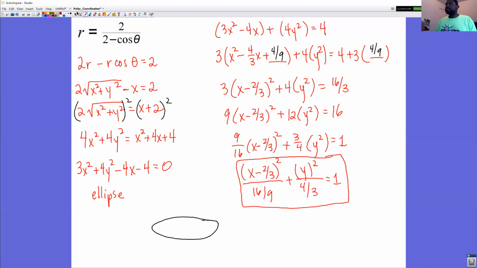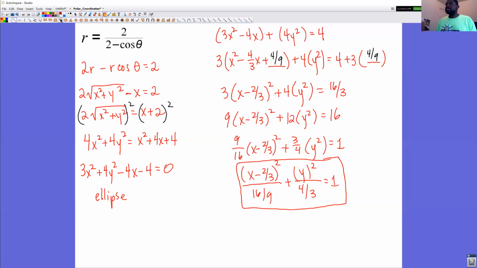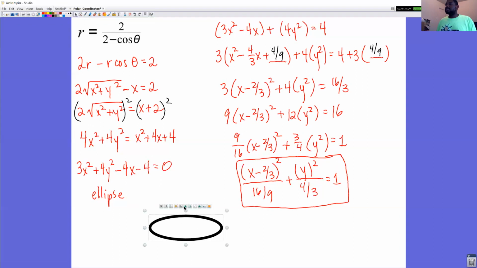And I know that's a terrible drawing of an ellipse. I want to actually do this. There's an ellipse. A little bit skinnier. Okay, there you go. So there's the ellipse.